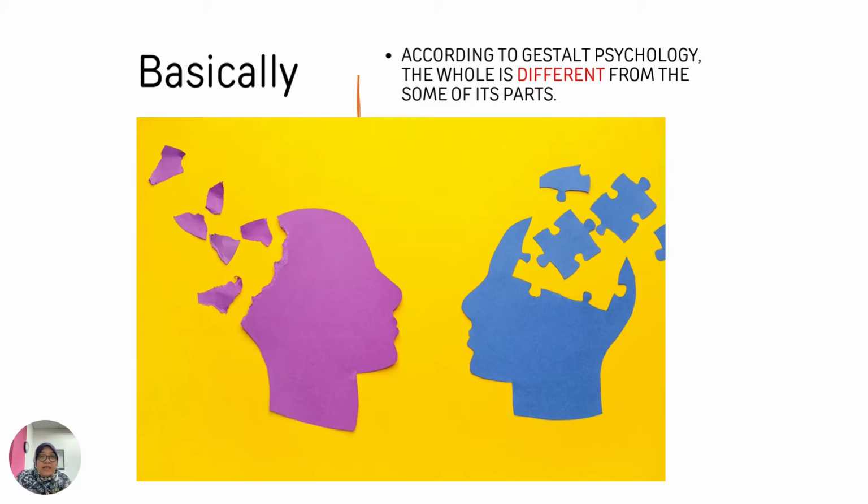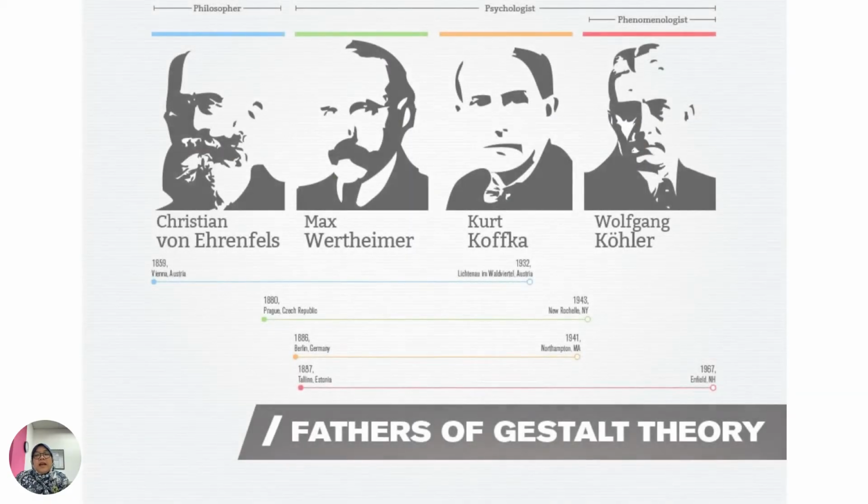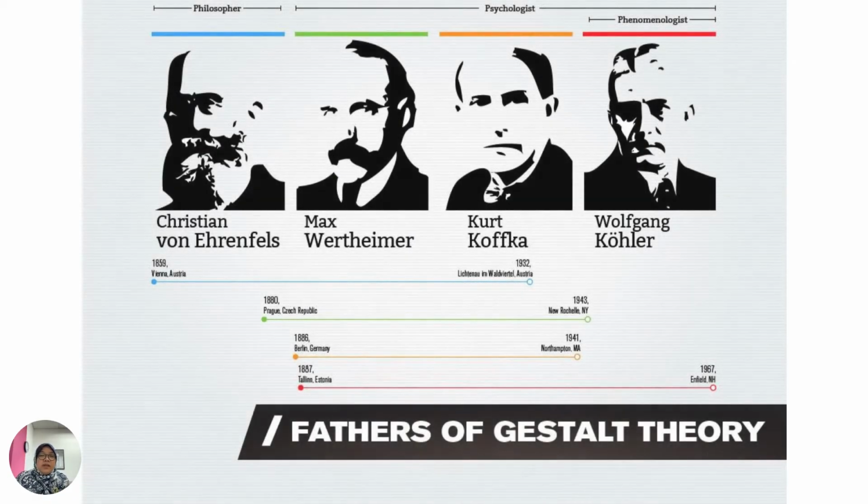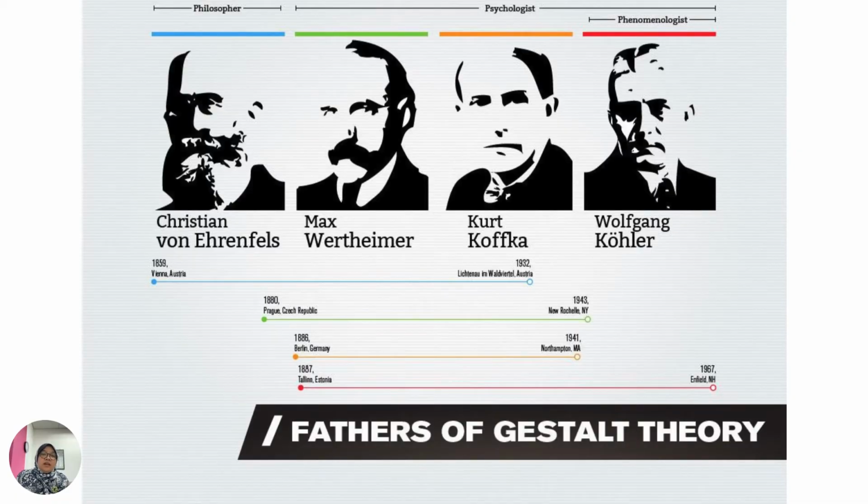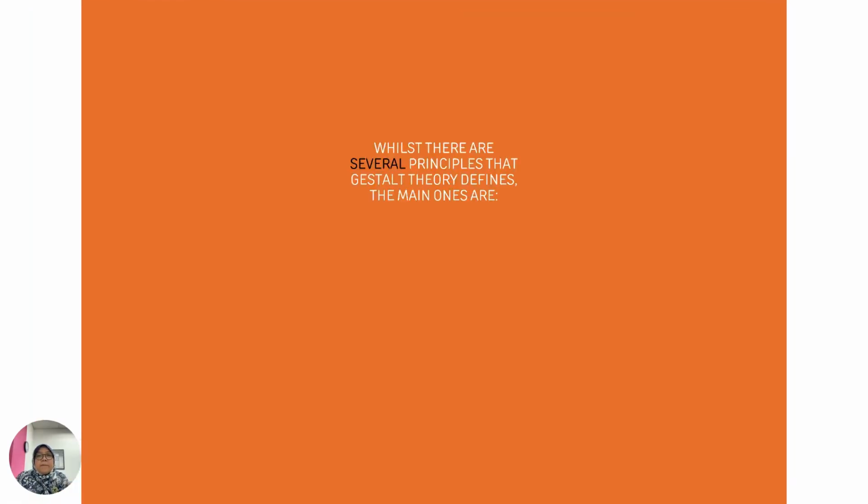It makes sense that this is an image of a person's head, and the person on the right, in blue, represents a male, and the person on the left, with the pink color, represents the female. Okay, and the Gestalt theories were based on these philosophers, and the names are as shown.